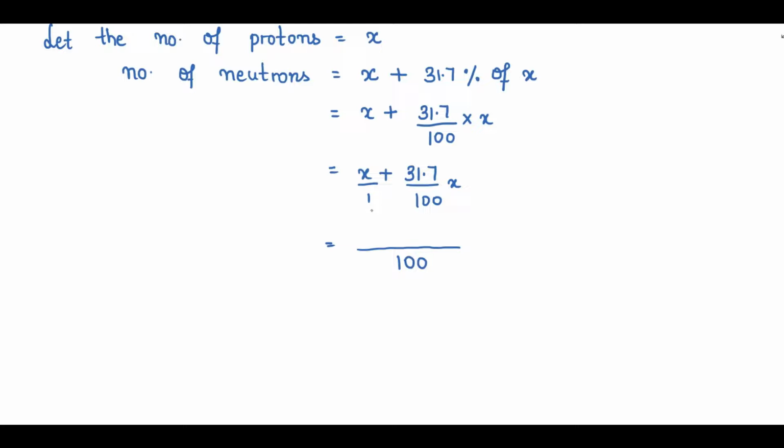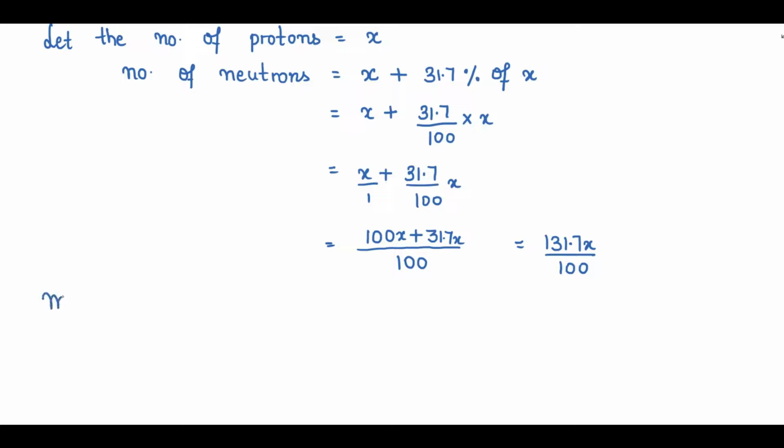So 100 divided by 1, it will be 100. 100 into x, 100x, plus 100 divided by 100, 1 into 31.7x, it will be 31.7x. So the value will be 100x plus 31.7x, it will be 131.7x divided by 100.